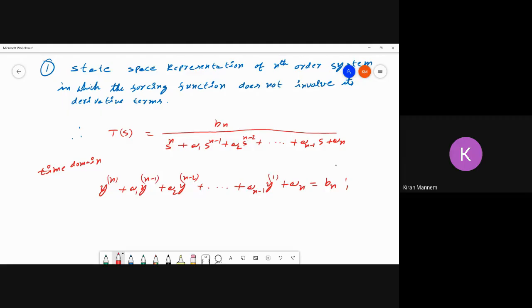So rewriting this equation in time domain.